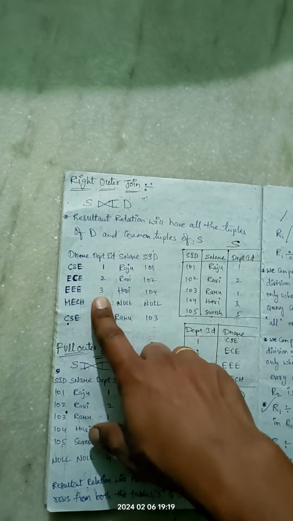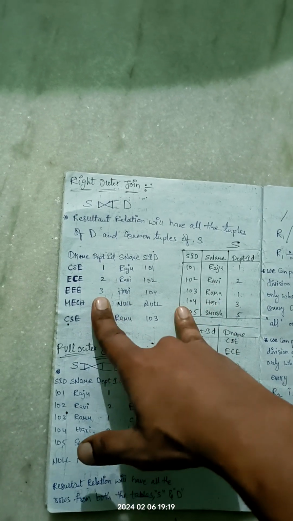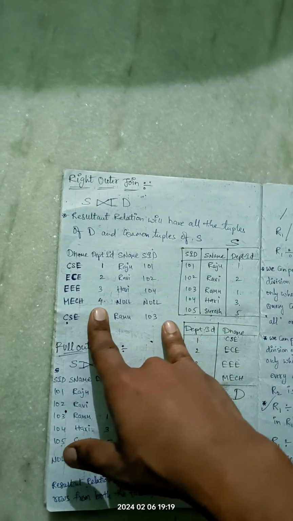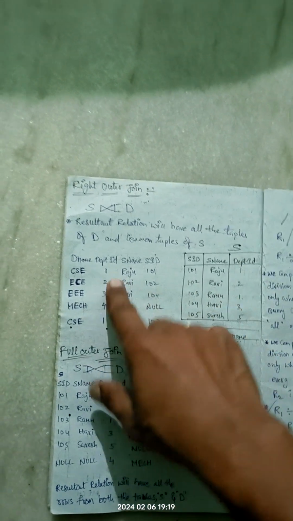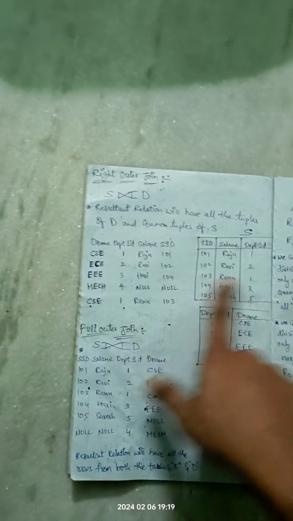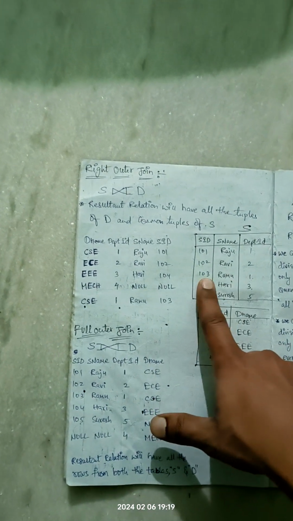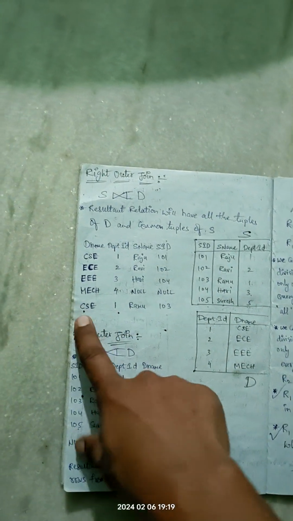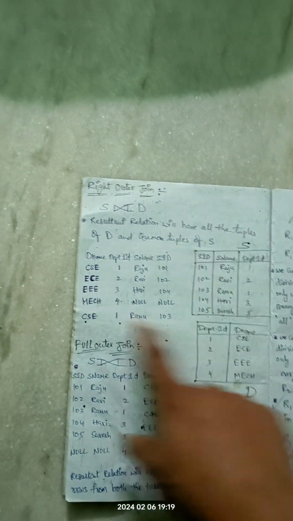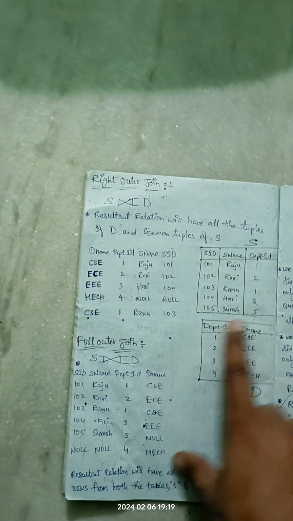We directly got 3 and used Hari and 104. For 4 we have written null, but 1 we have got 2 times, so we'll write 1 here, and for 1 the corresponding values are Ramu and 103, and the corresponding department name is CSE. This is how we get right outer join.